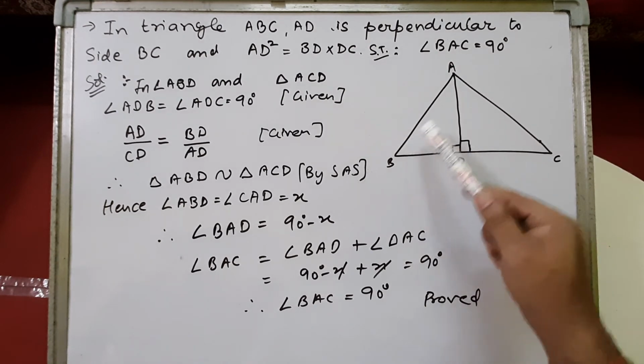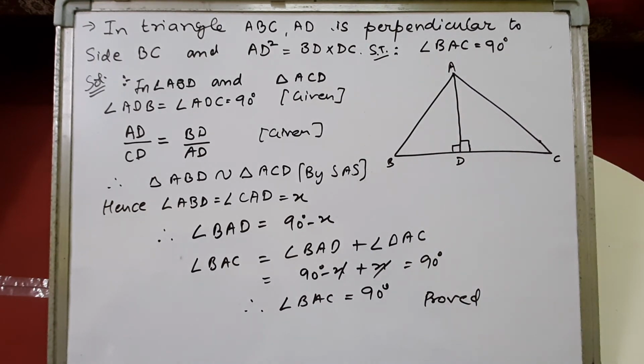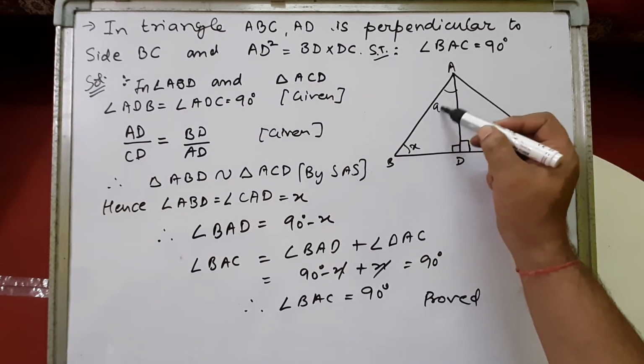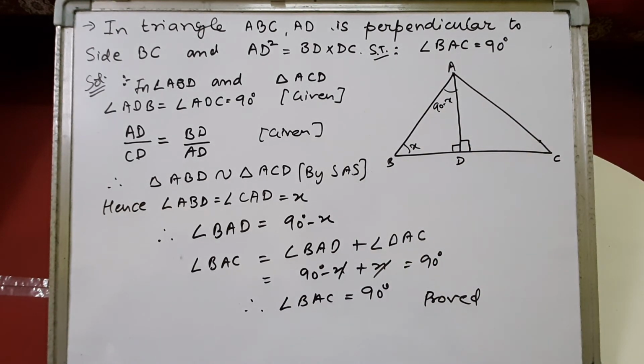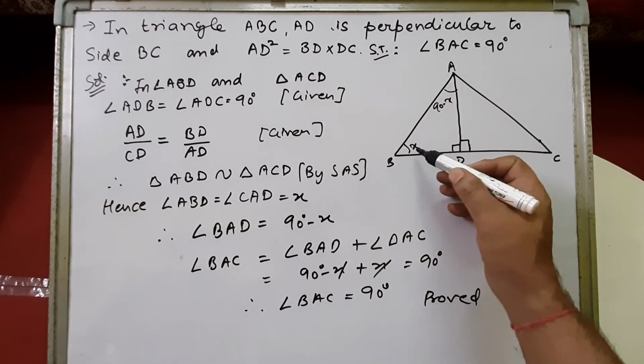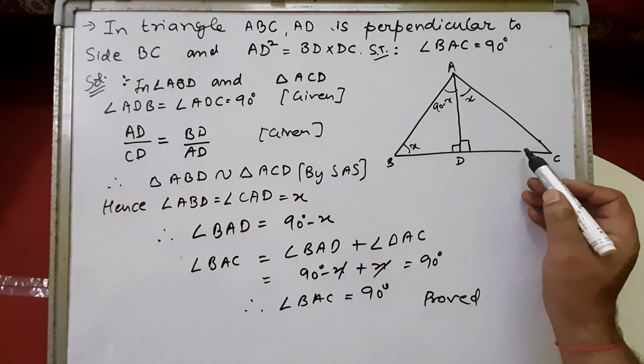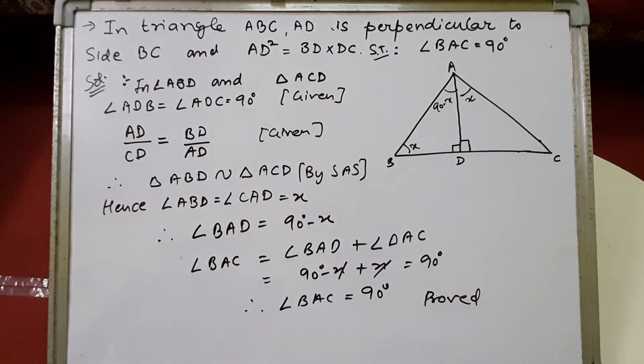The sum of three angles of a triangle is always 180 degrees. So if this is x and this is 90 degrees, the value of this angle will always be 90 minus x. Alright, children. So we know that this is x and this is also x because they are corresponding angles, and the value of this angle we have calculated is 90 minus x.